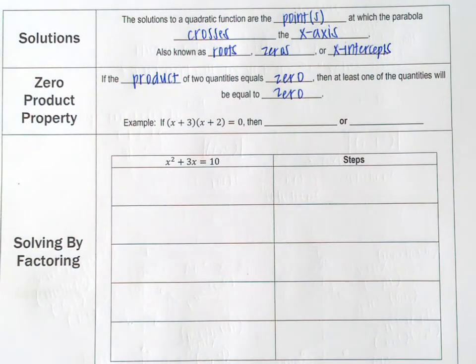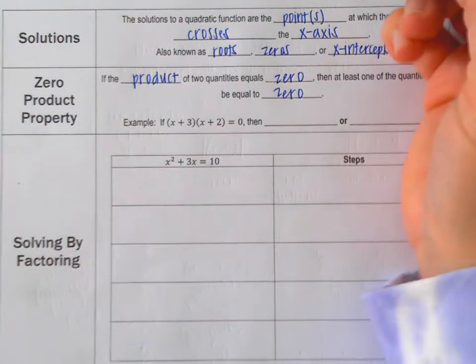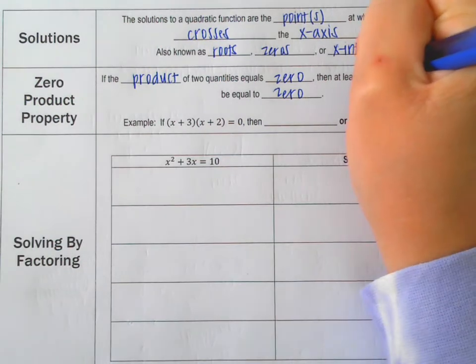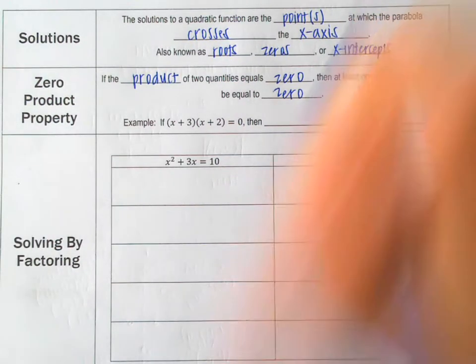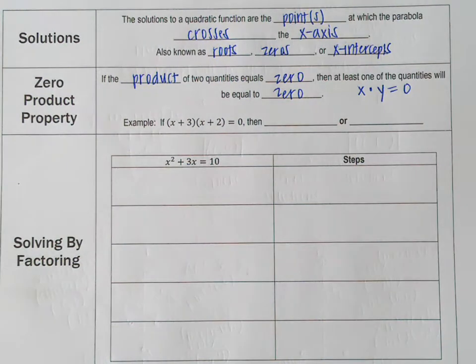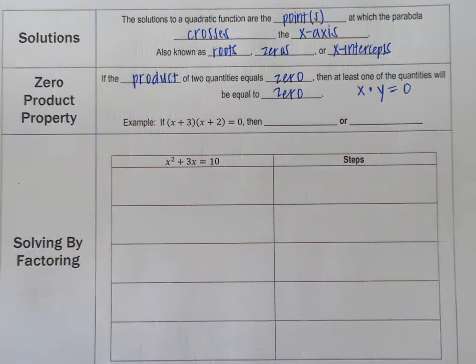For example, if I said x times y equals 0, well, that tells me that either x is going to be equal to 0 or y is going to be equal to 0 or both are going to be equal to 0.